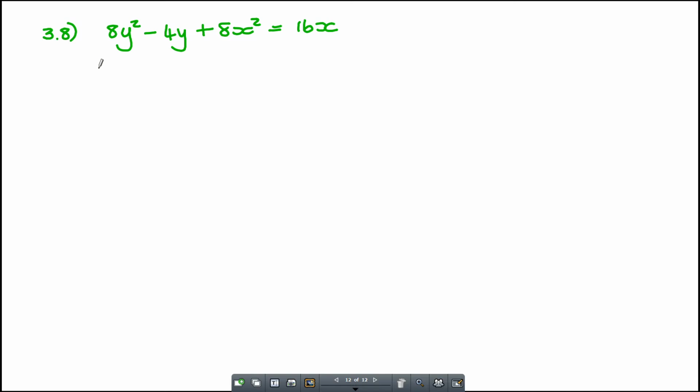So I'm going to start with the 8x squared first. Then minus 16x, want ek het daai x wat aan die regterkant was, I took it over. Nee? Okay, then plus 8y squared minus 4y. And now there's nothing on the right hand side anymore, so that will have to be equal to 0. Okay, so now we go complete our square.